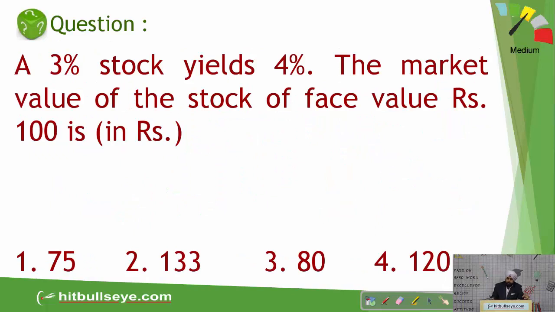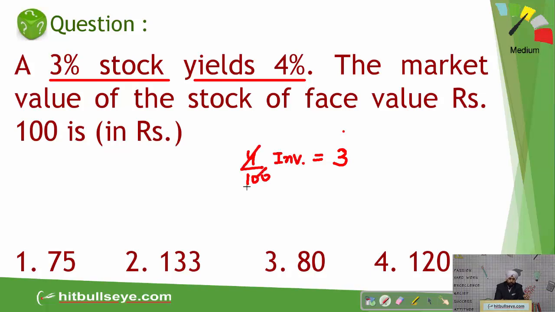This one. Students, this question seems typical, but it's very simple. It's a 3% stock. So that means if you have one share, you will get an income of 3 rupees, but for you it yields 4%. That means it gives you a 4% return. That means the 3 rupees which you got as the stock's dividend must be 4% of your investment.